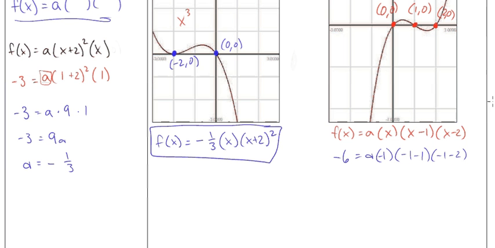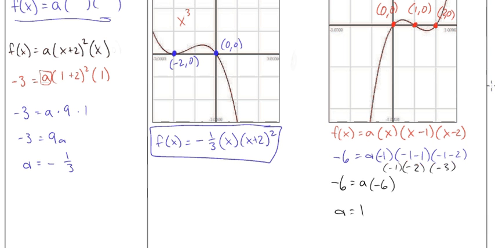All right, we've got -6 as we work our way through. -6 is equal to a times, well, -1 minus 1 is -2, and -1 minus 2 is -3, and that's times -1. So we have +2 times -3 is -6. Divide each side by -6 and we get that a is equal to 1.